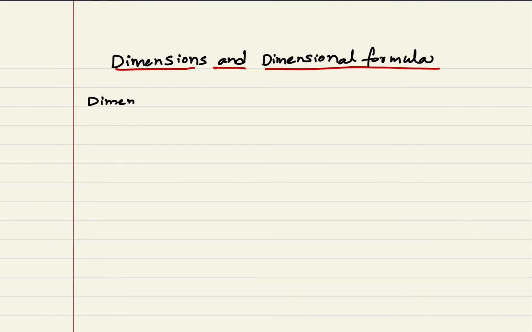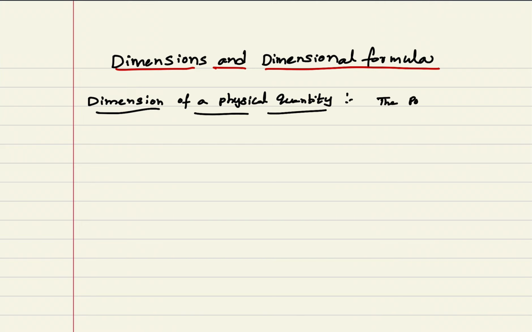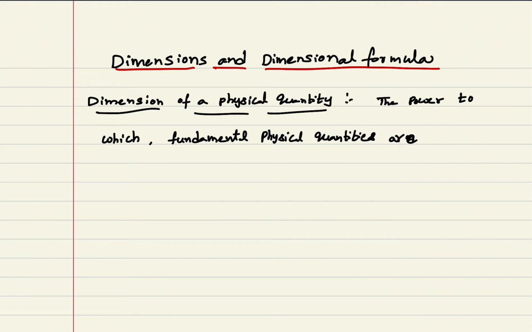First of all, what is the meaning of dimension? Dimension of a physical quantity. The basic definition for the dimension of a physical quantity is the power to which the fundamental physical quantities need to be raised.